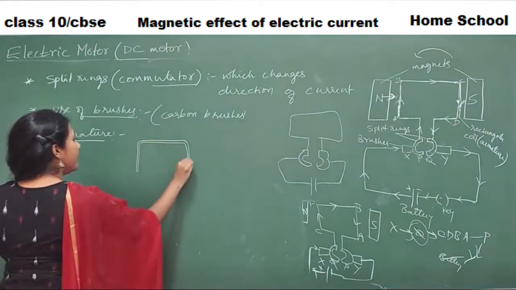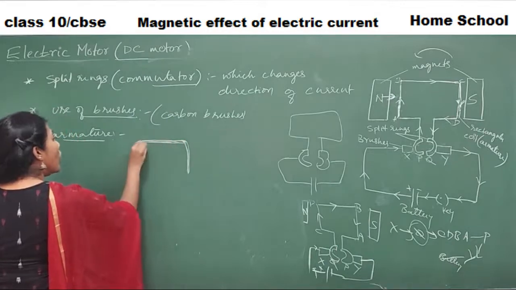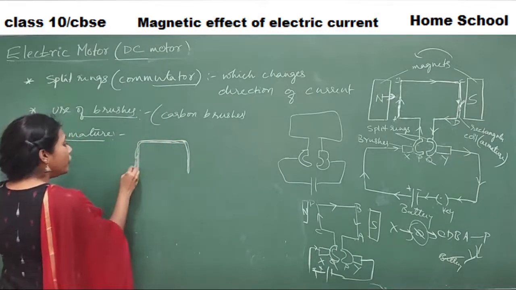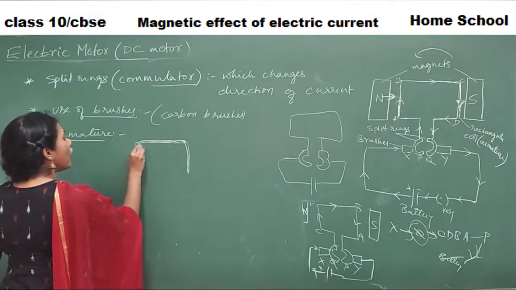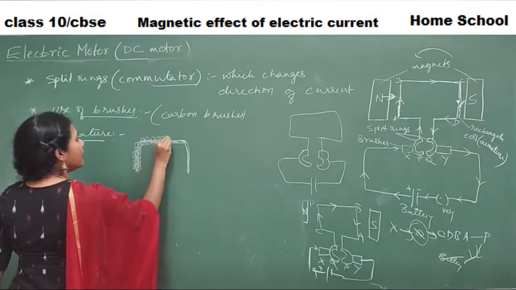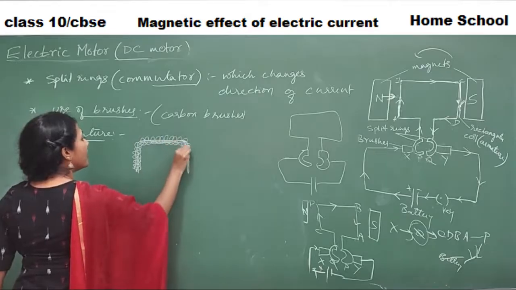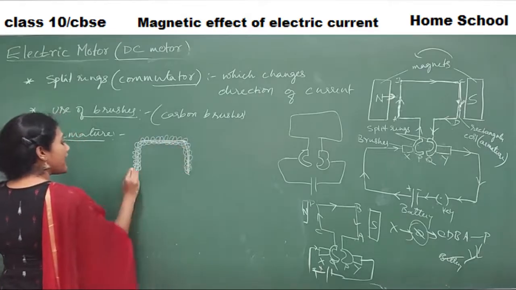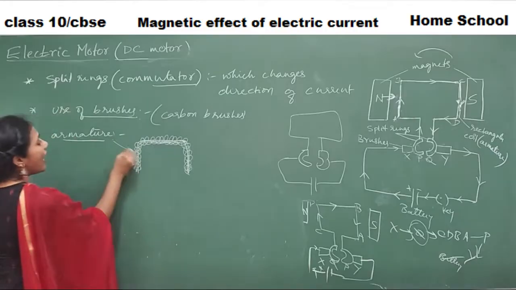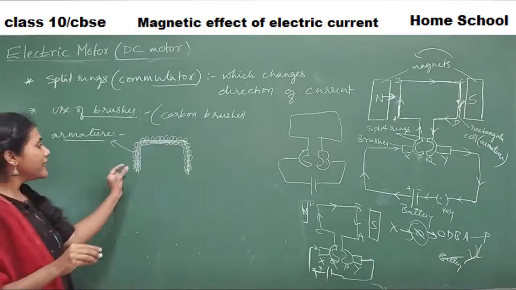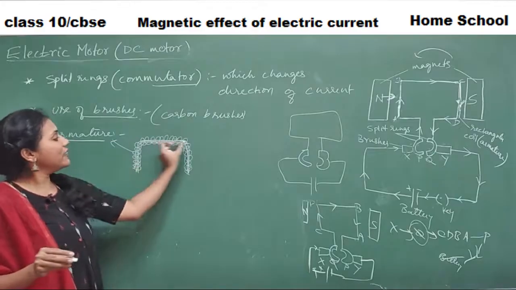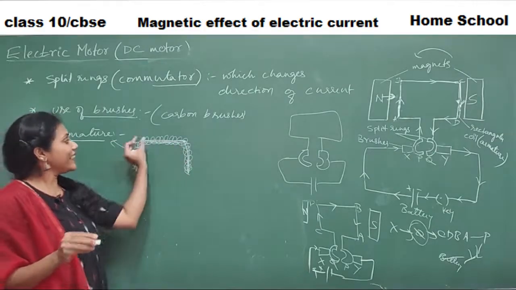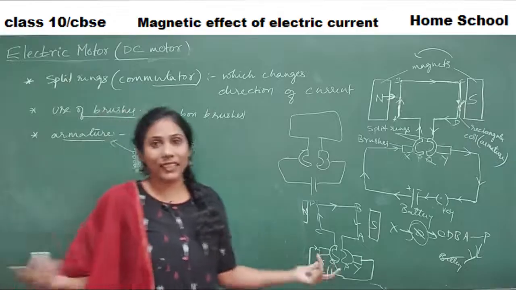On this iron rod, if I fully cover it with copper wire, then such a coil is called an armature. See, this is not just a copper wire in a rectangular shape. Inside that, you have soft iron also.